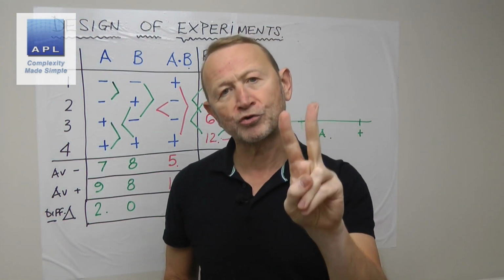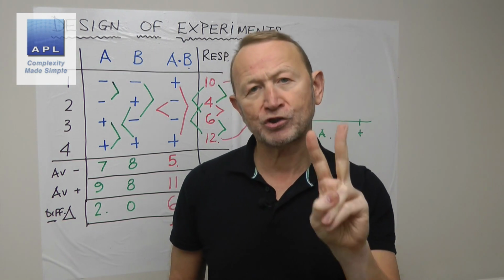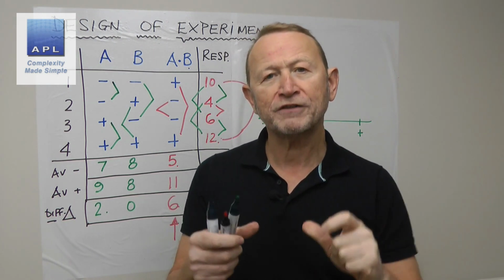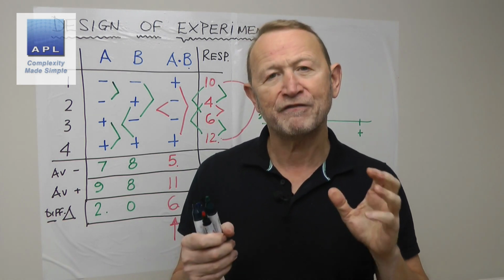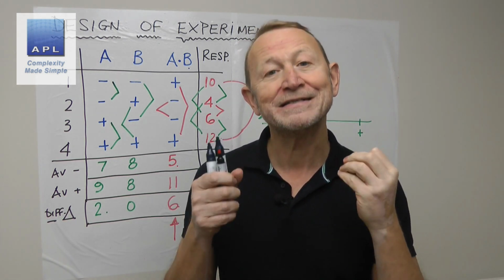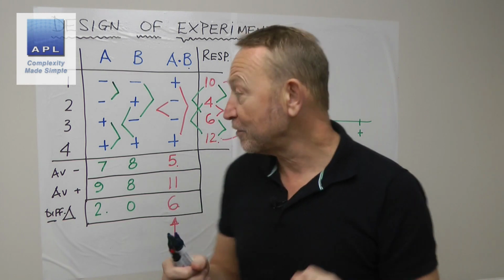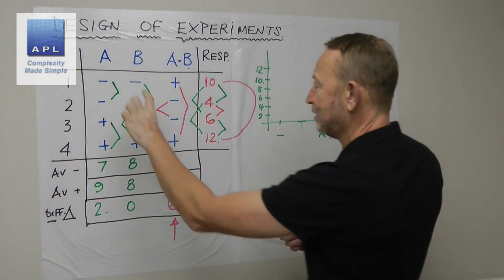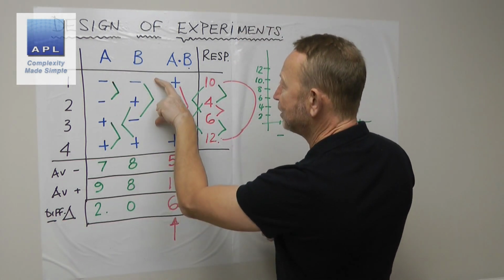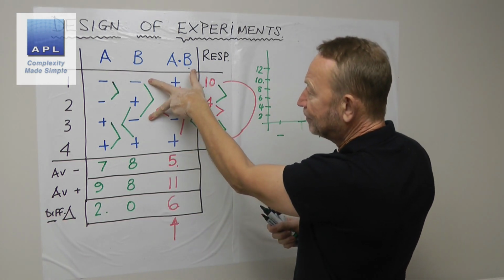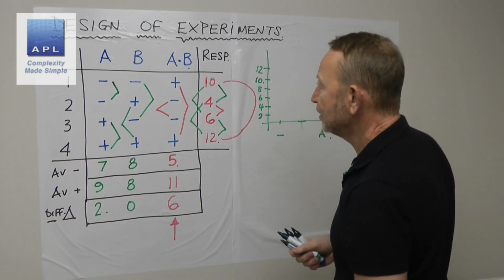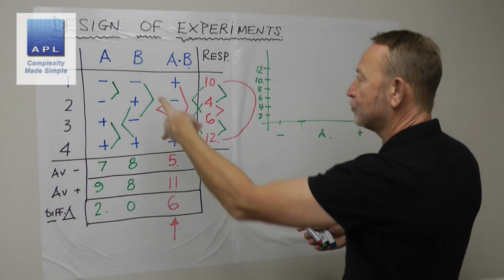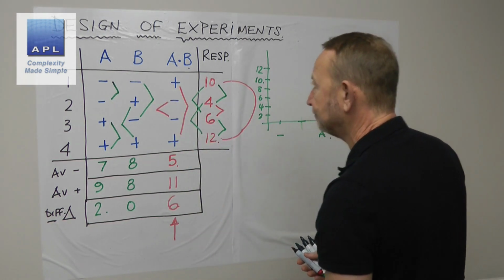But we're going to plot two graphs. The first graph is what effect A will have on the system if B is set negatively. If B is set negatively, where are those two results? B was set negatively at runs 1 and 3. So they're the first two results we're going to plot.